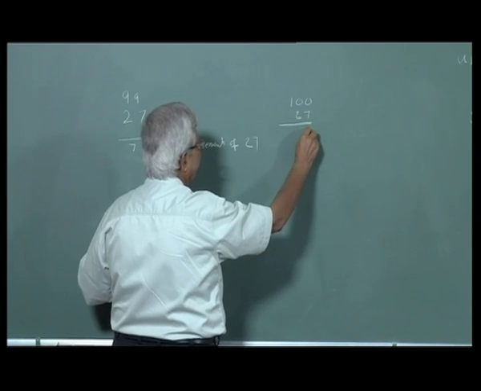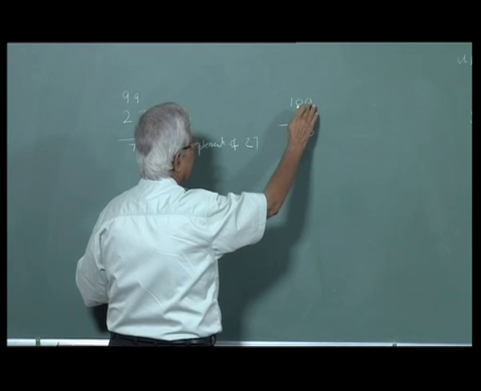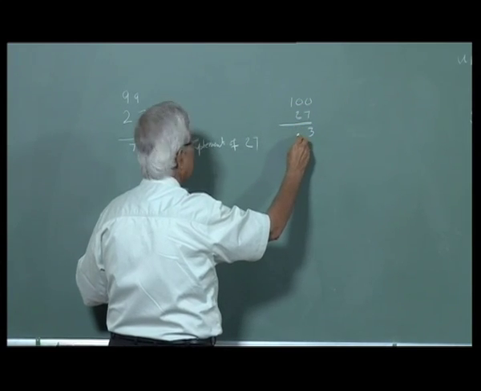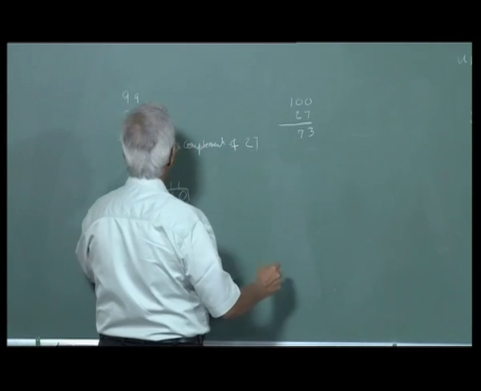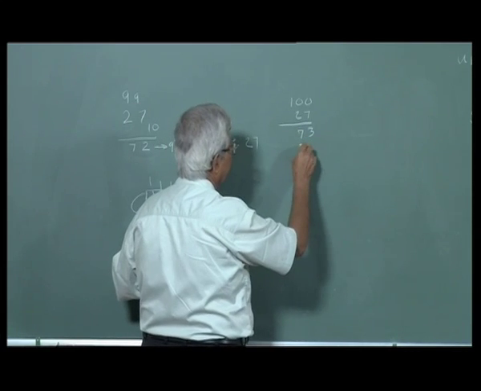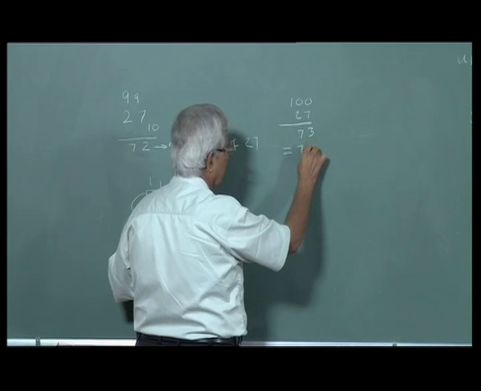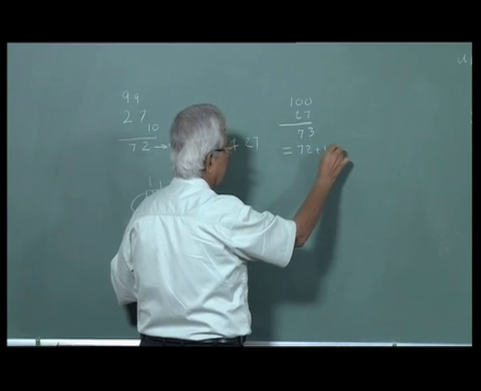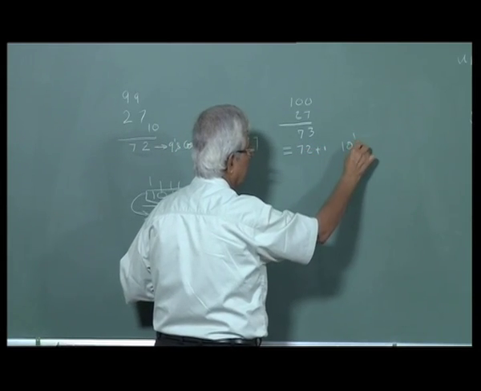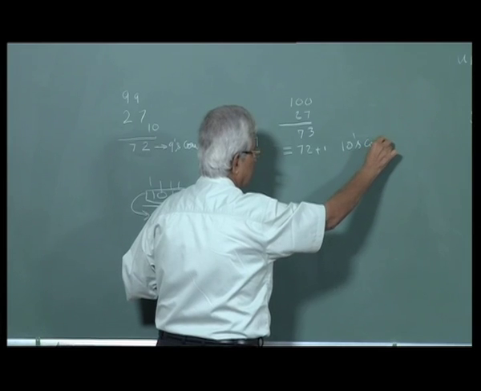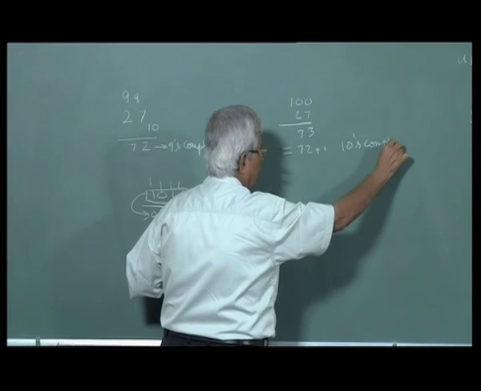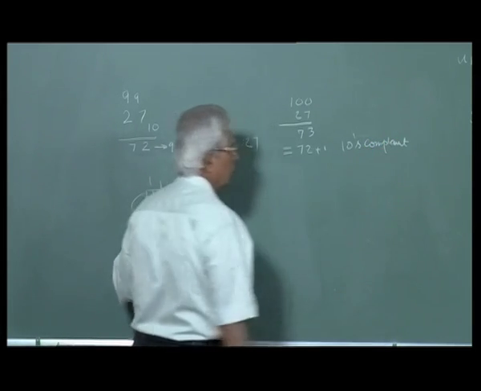This will be 73. This is 72 plus 1. This is called the 10's complement.